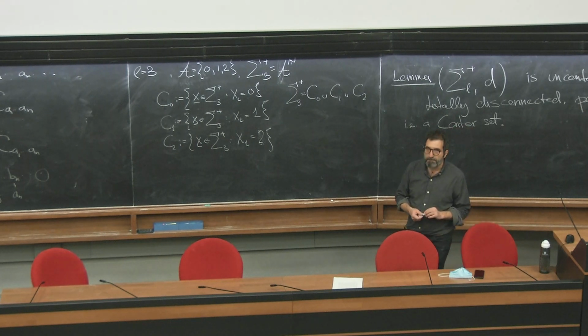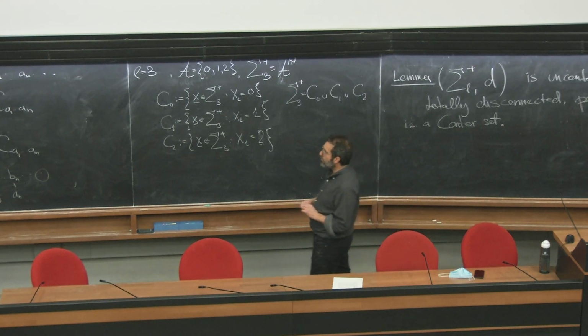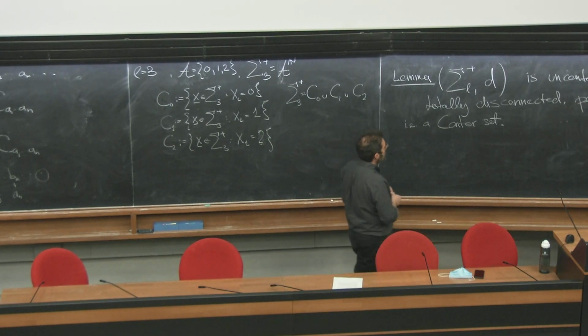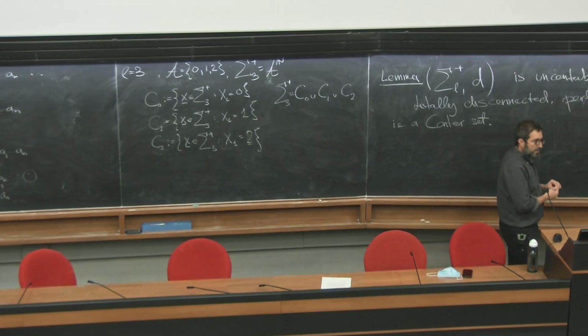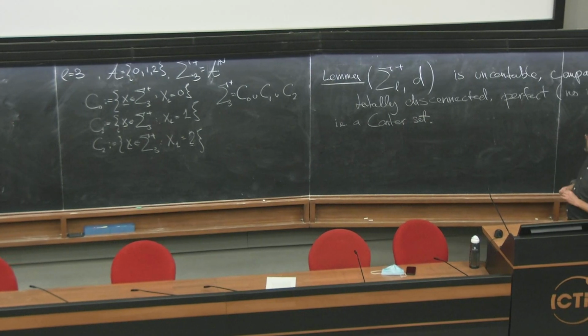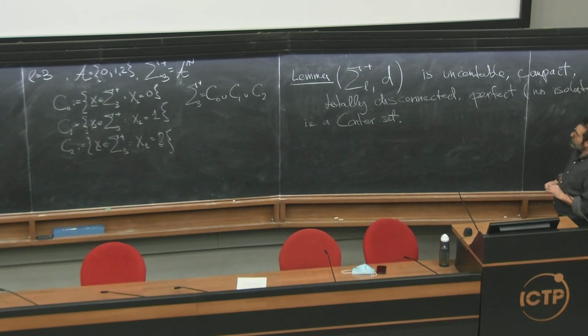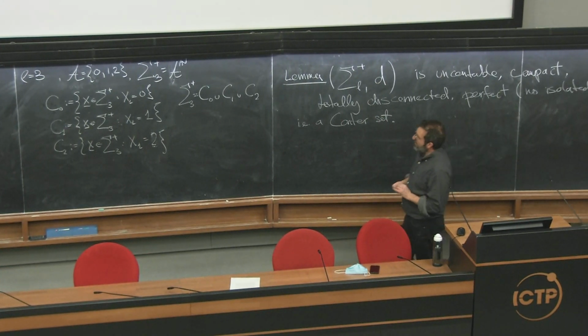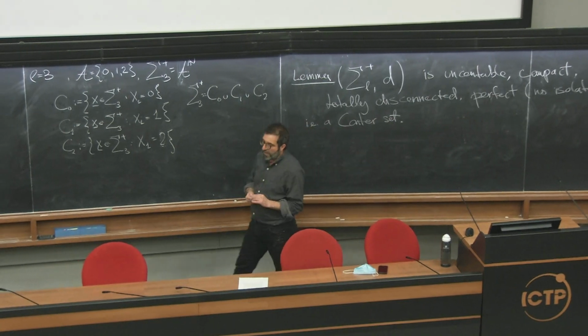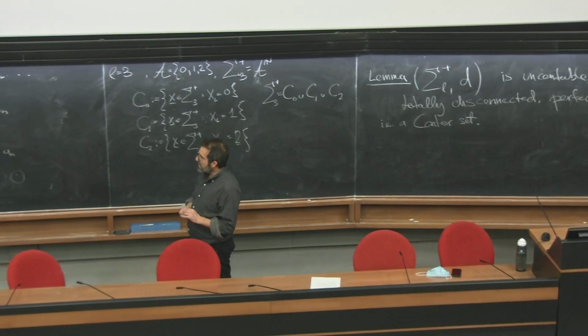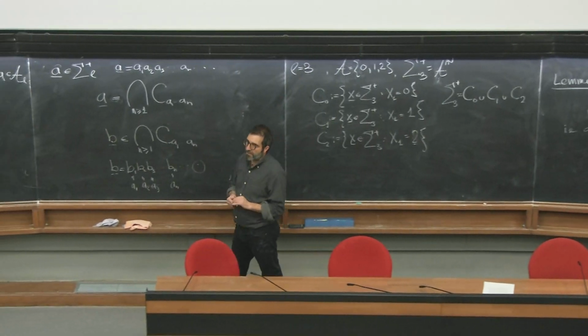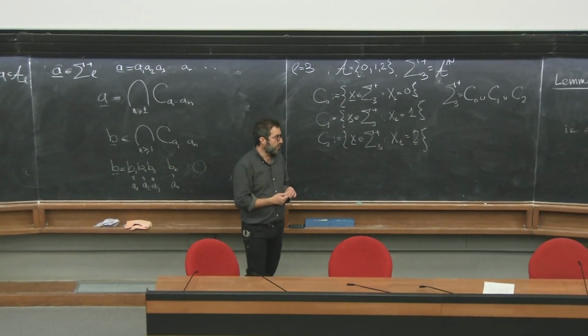Sorry. Yes. Is the space complete? Yes, because it is compact, so it is complete. So it is sequentially compact, so every sequence has a converging subsequence. So it is complete.